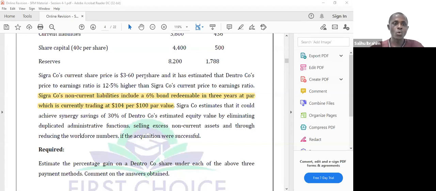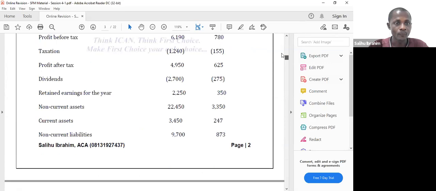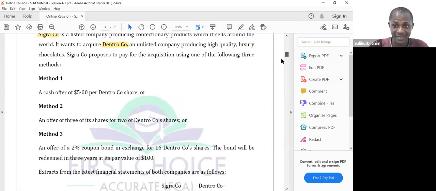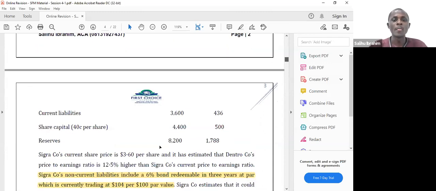Because Sigraco is quoted, it should be a PLC. It's a listed company. Can you see that? Sigraco is a listed company.